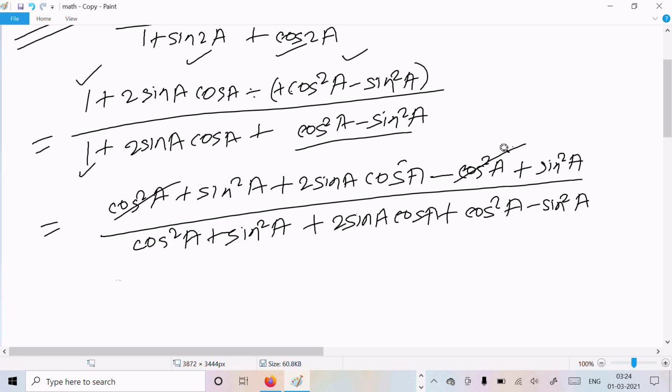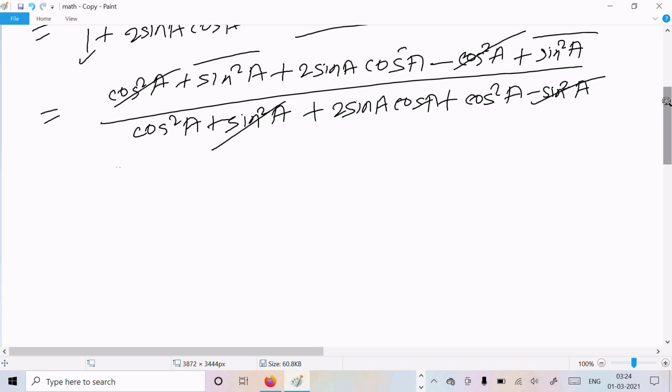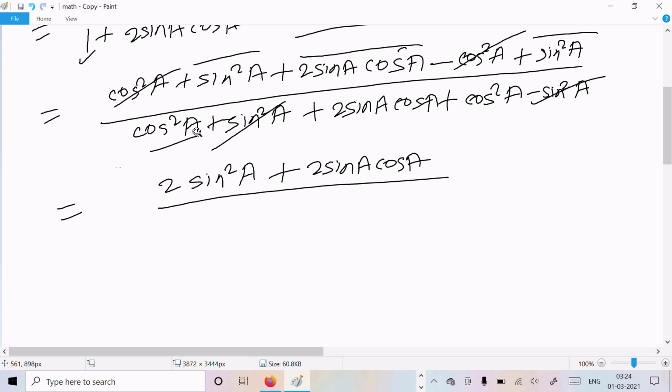So in the numerator the cos² terms cancel, and sin² a plus sin² a becomes 2 sin² a. Now 2 sin a cos a we can write, and in the denominator cos² a plus cos² a is 2 cos² a, plus 2 sin a cos a.